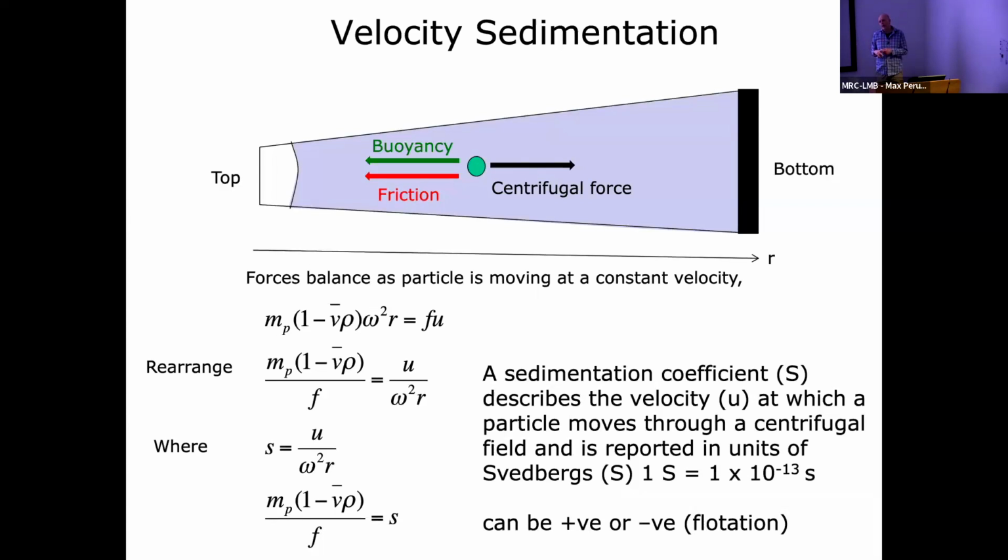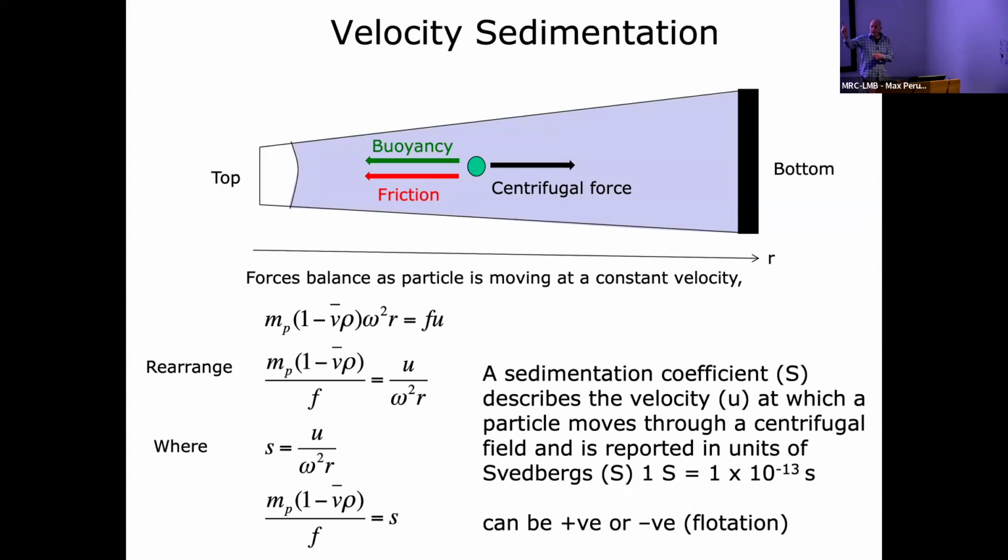Now it's important to remember that the S can be 0, or it can be positive or negative. It can be 0 if you see that the S value here is related to the solvent density.